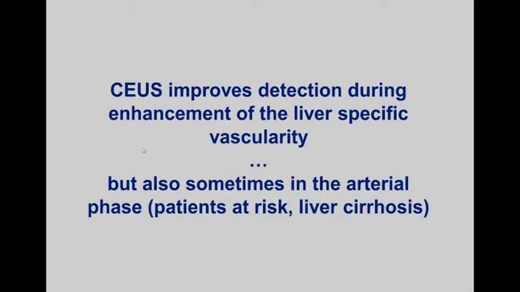CEUS improves detection during enhancement of the liver-specific vascularity. This is the normal way, but sometimes you can also depict lesions only or mainly in the arterial phase. Later on, Professor Piscaglia will show us this kind of characterization in the arterial phase, which is mainly true in liver cirrhosis.